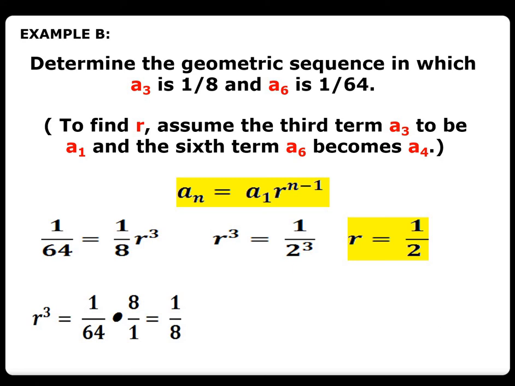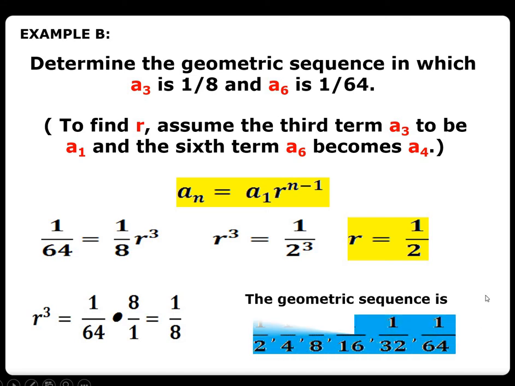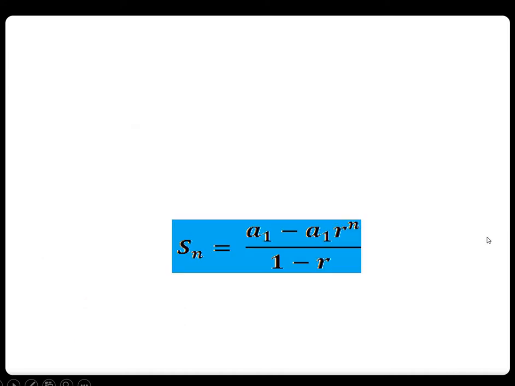So it is 2 raised to negative 3. Okay, so when you have that form, r is equal to 1/2. The geometric sequence is 1/2, 1/4, 1/8, 1/16, 1/32, and 1/64.